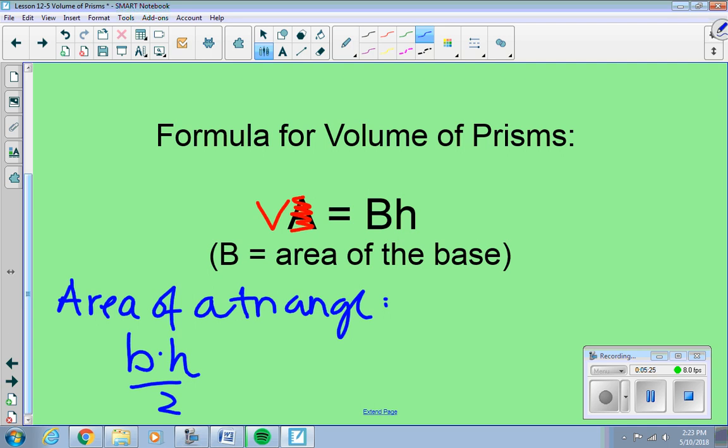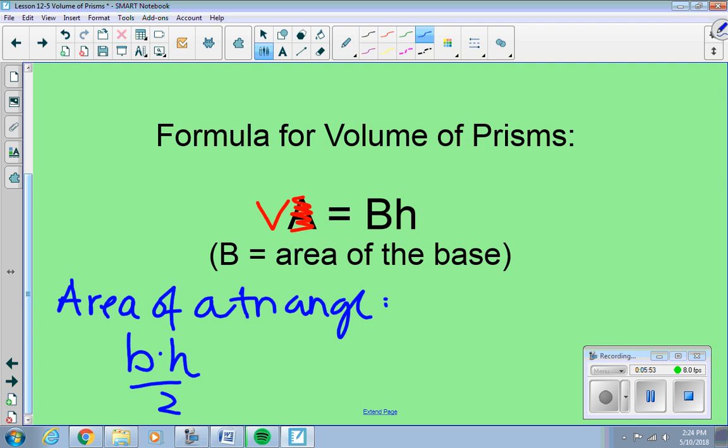Why do you divide by 2? Do you remember? Of a square. Yeah, a triangle's half of a square, you guys. All triangles are half a square. No matter what they look like, they're technically all half a square.